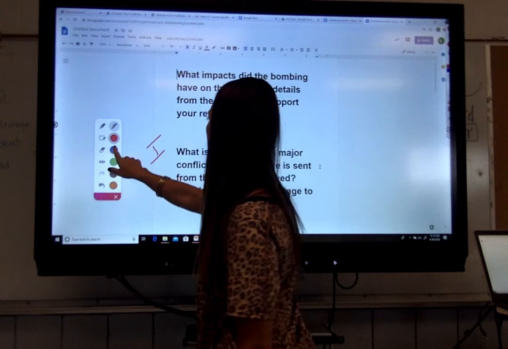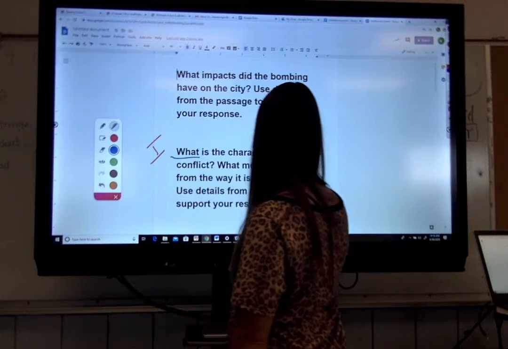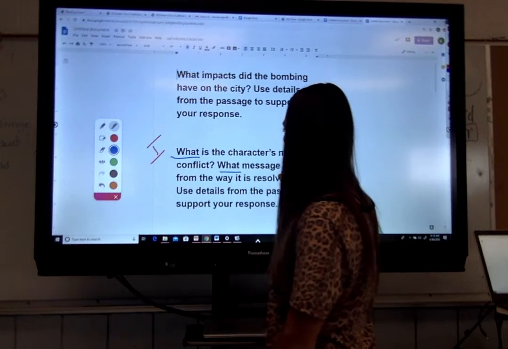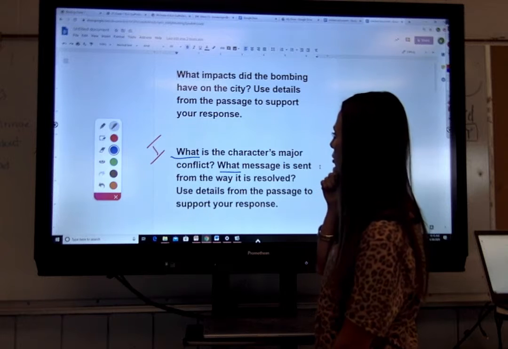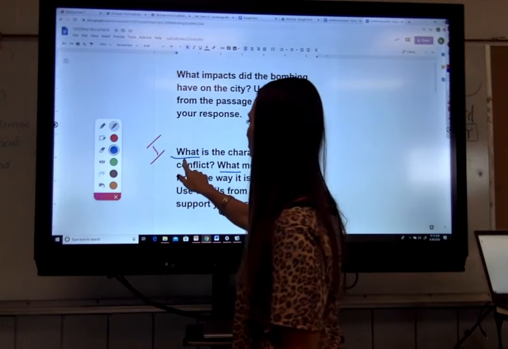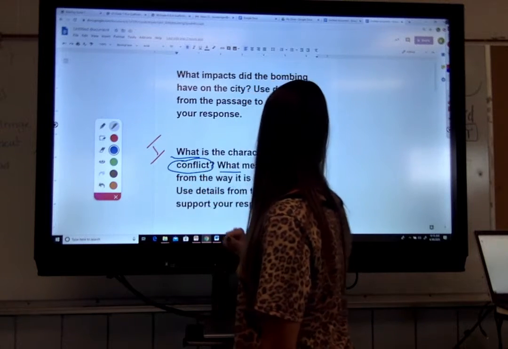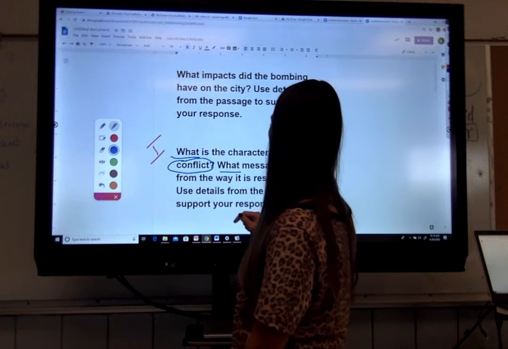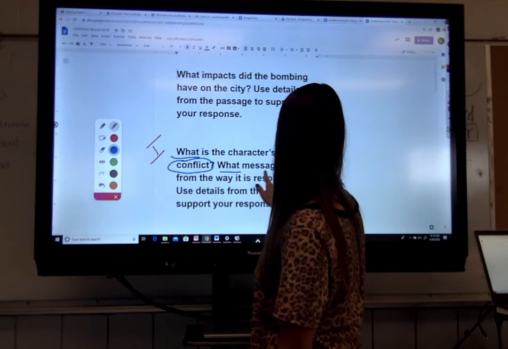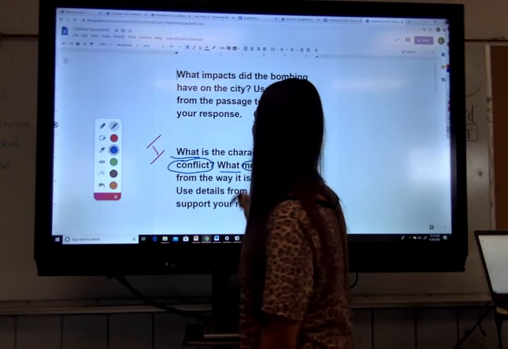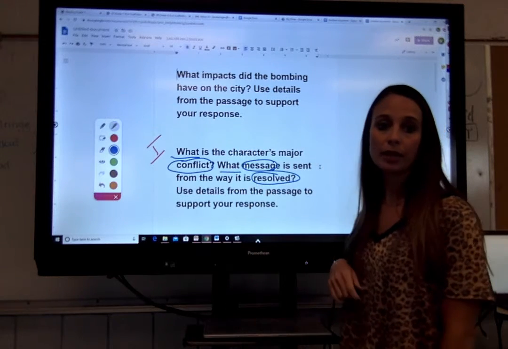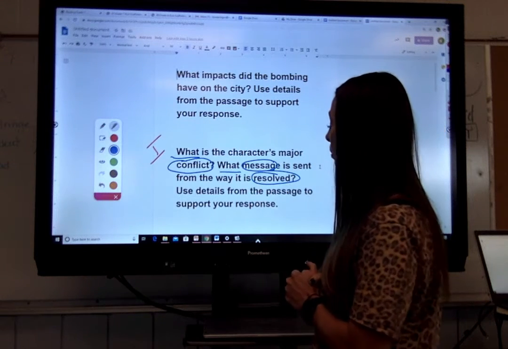Let's look at our verbs. One would be what. Well, let's look at the first one. What is the character's major conflict? Well, there's a key word there, conflict. Okay? What message is sent from the way it is resolved? Well, first of all, you've got to know what conflict means. Well, we know conflict means the problem.